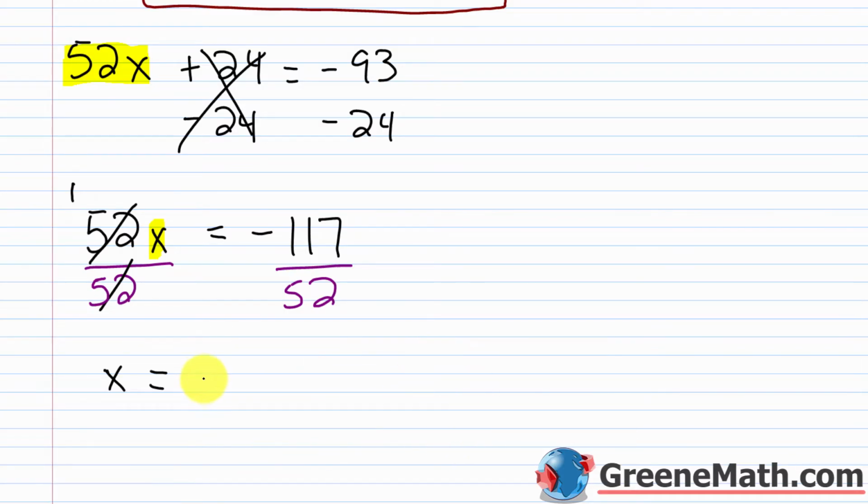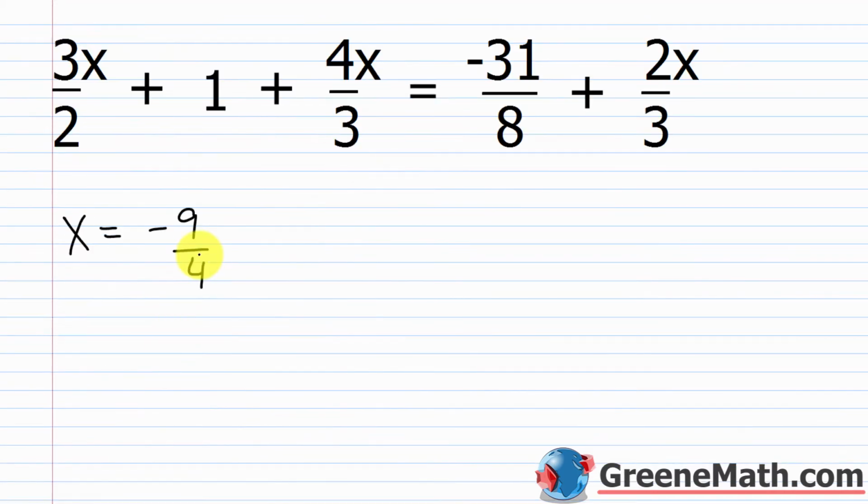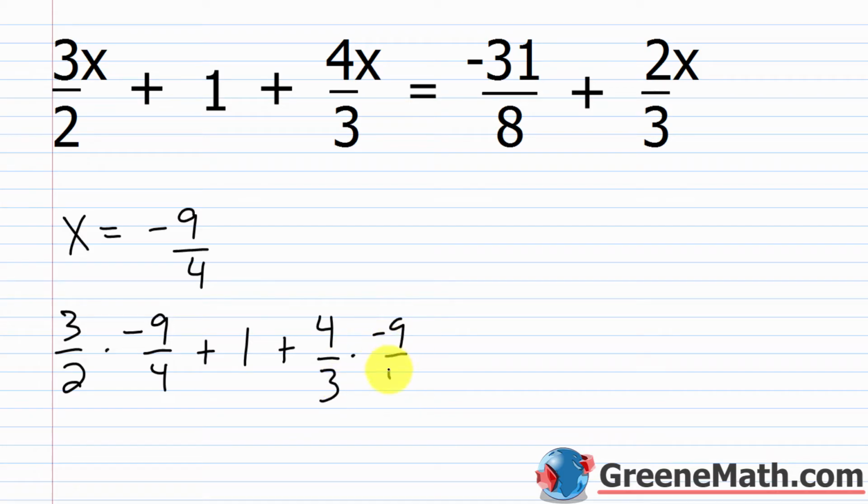x equals negative 9/4. So I'm going to plug in a negative 9/4 everywhere I see an x. So I'm going to have 3 halves times negative 9/4 plus 1 plus 4/3 times negative 9/4 is equal to negative 31/8 plus 2/3 times negative 9/4.